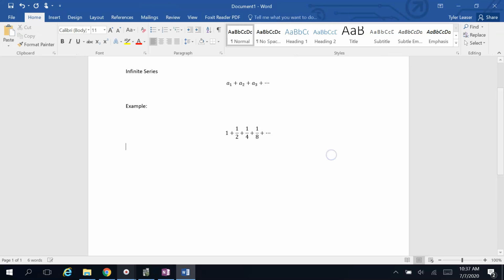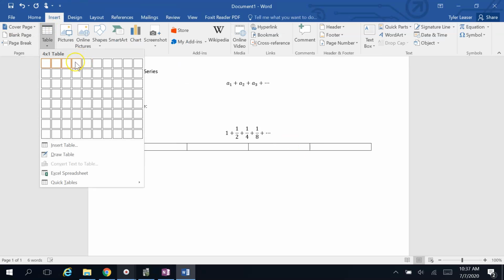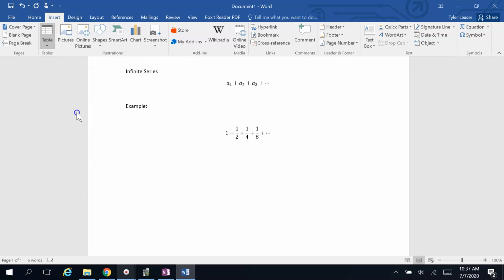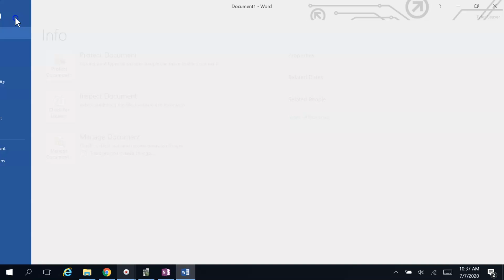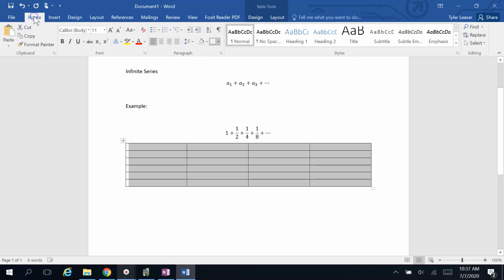Okay. So what I'm going to do here is make a table. I don't know exactly how big I want this table to be. Let's just start off here. What I want to do with this table is start by finding the sum of a finite number of terms, and then hopefully that's going to lead us to the sum of the infinite number of terms.